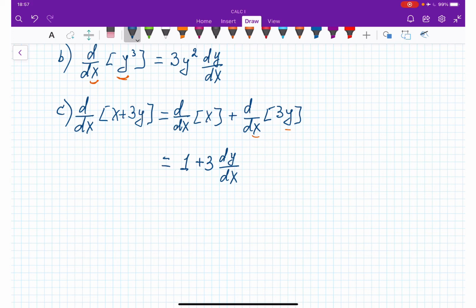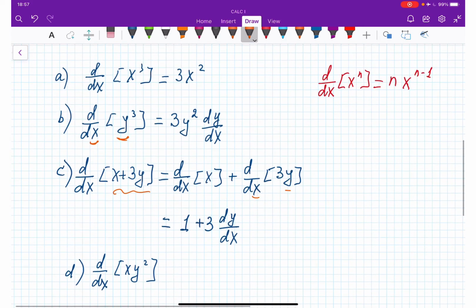Next, example D. d by dx, the derivative by x, of x y squared. While here we were applying the addition rule, in this case we are going to apply the rule of multiplication.